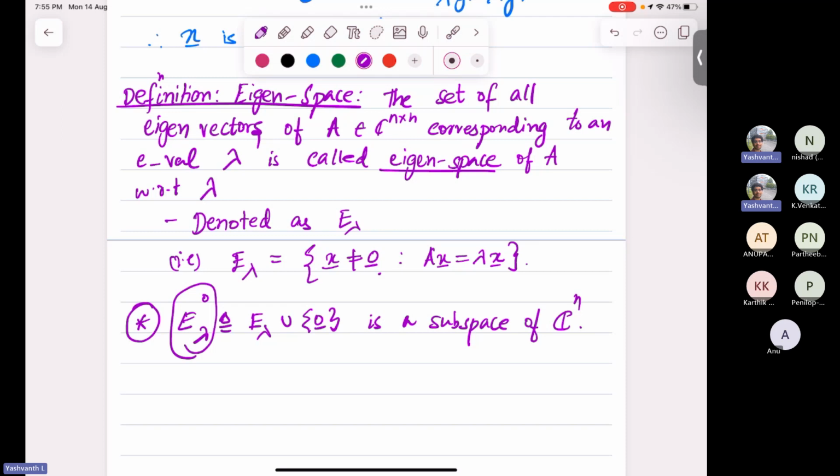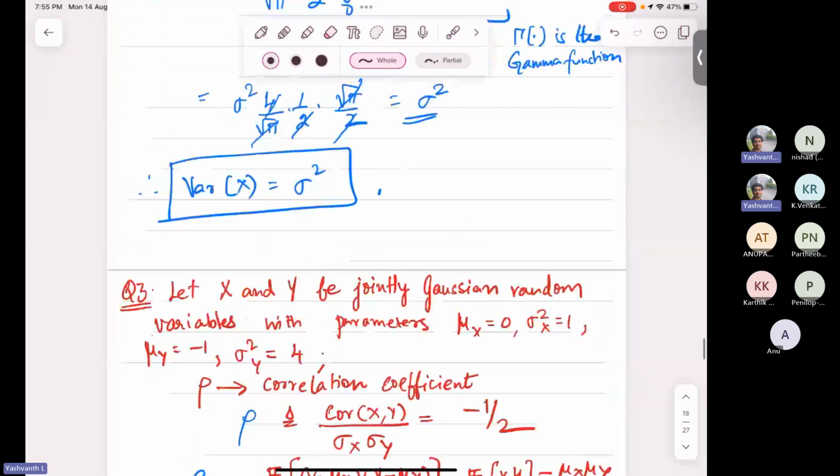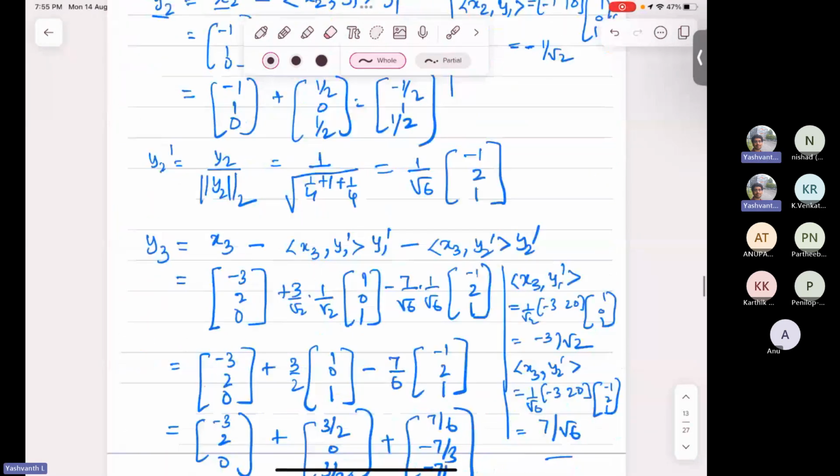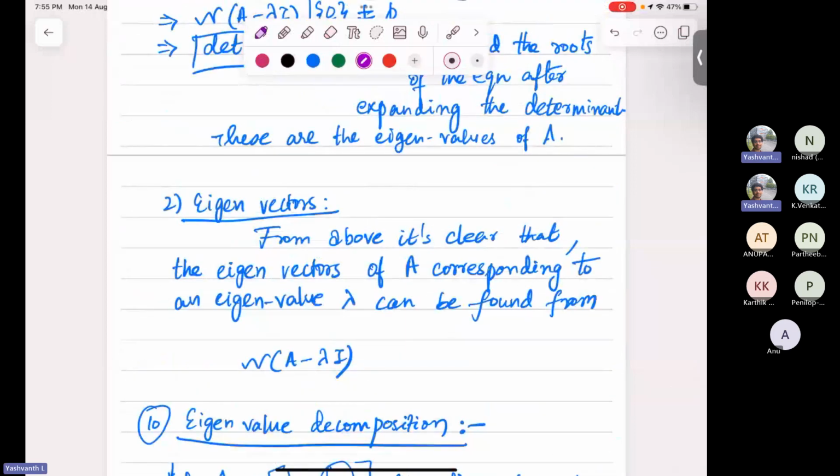I will start with a numerical example of computing eigenvalues and eigenvectors using this definition: determinant of A minus lambda I equal to 0, and eigenvectors can be found from the corresponding null space of A minus lambda I. Using this concept, I will find eigenvalues and eigenvectors of a 2 by 2 matrix.